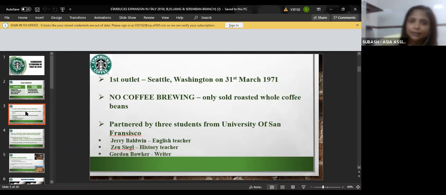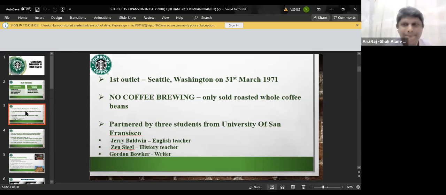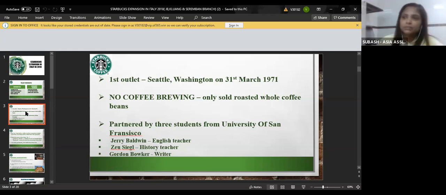During this time, the company only sold roasted whole coffee beans and did not brew coffee. During their first year of operation, they purchased green coffee beans from Peet's, a coffee entrepreneur, then began buying directly from growers.